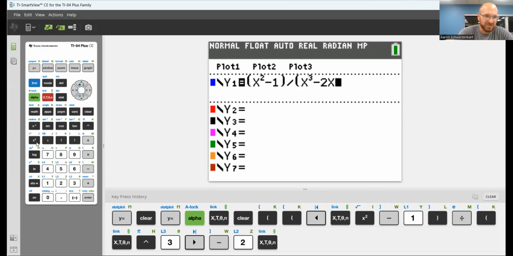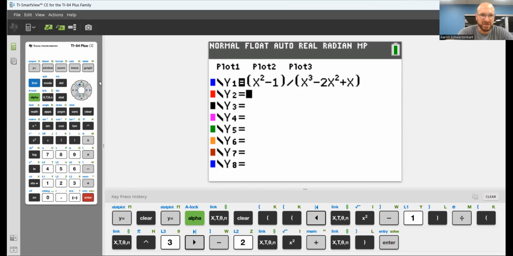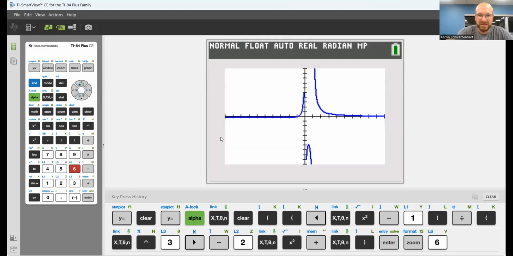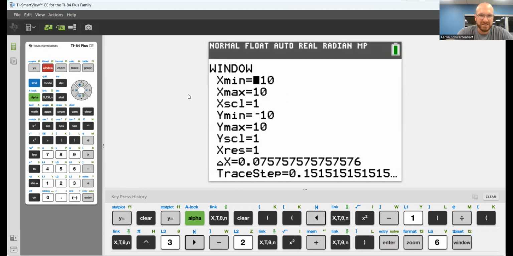Part of the reason I'm doing the original is just in case I made any mistakes factoring or I screwed something up, it'll show me. I hit enter. There's my graph. I'm going to go to standard zoom, which is zoom 6. And I get this. It's a little interesting looking. For a second here, I'm going to show you because this is funny. I'm going to zoom in on the y's a little bit.